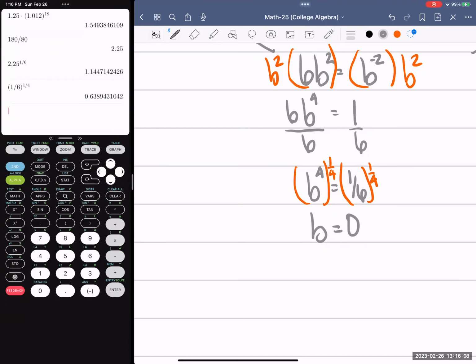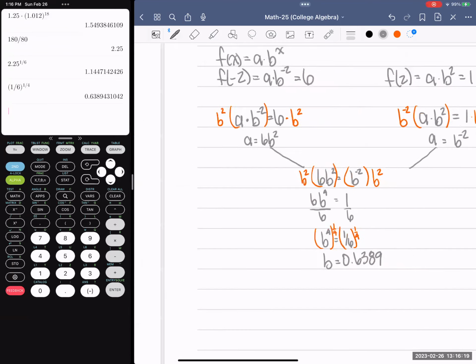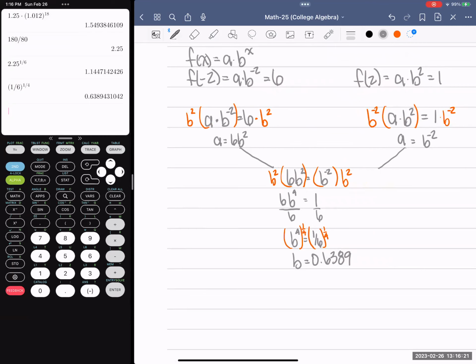And that gives us about 0.6389. And that's b. So we could quickly find a by either plugging it in here or plugging it in over here.